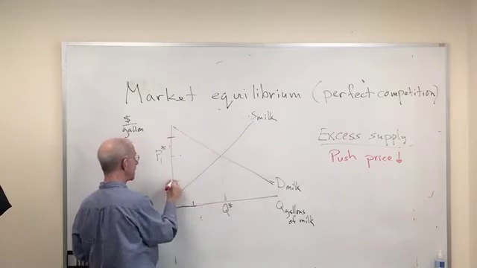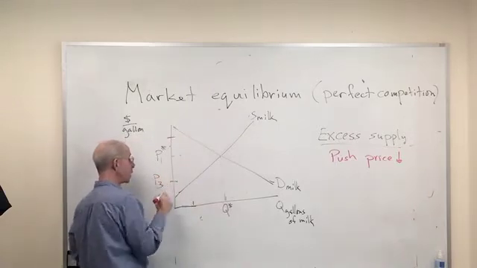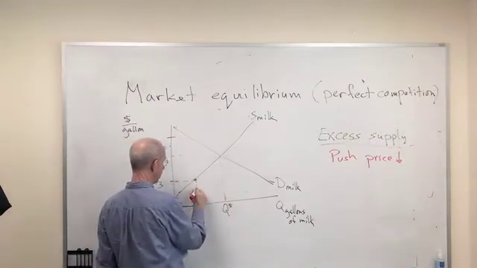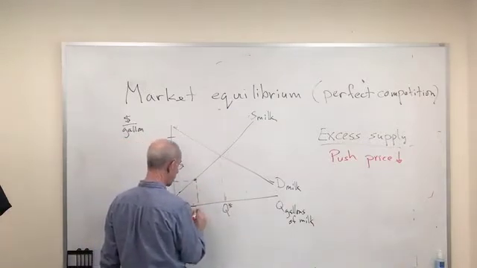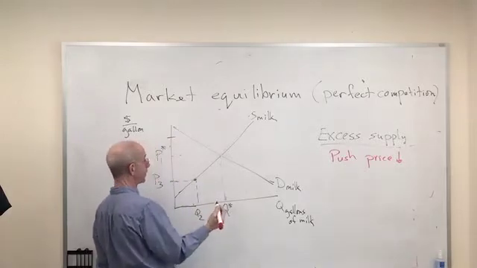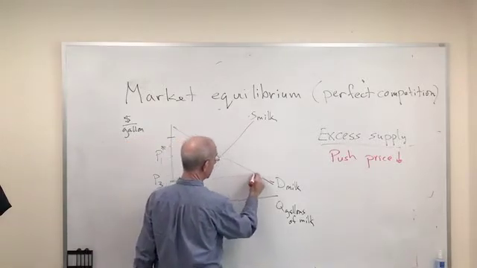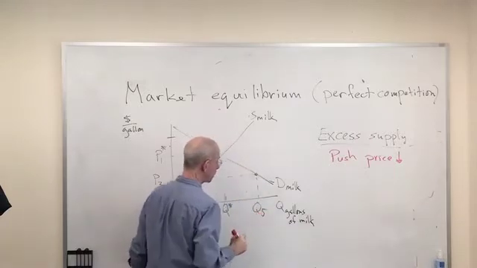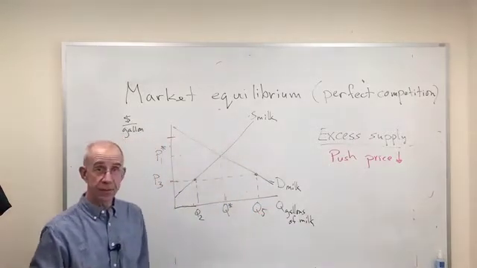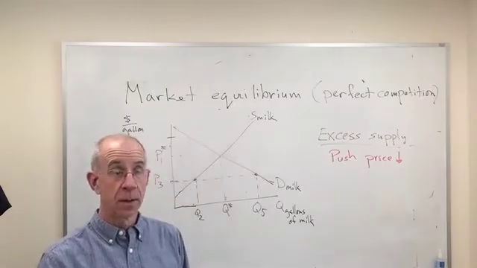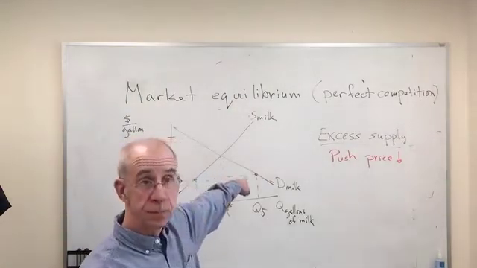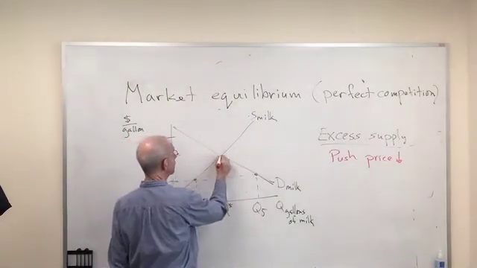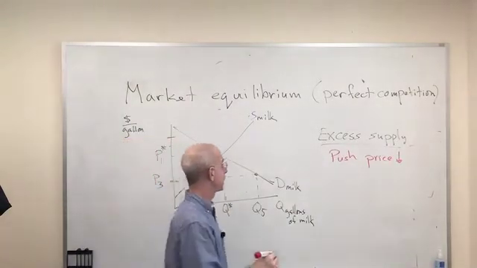If we had a price that was too low relative to the equilibrium, we would have quantity supplied of Q2, quantity demanded of Q5. As the price is lower than the equilibrium price, you have excess demand.